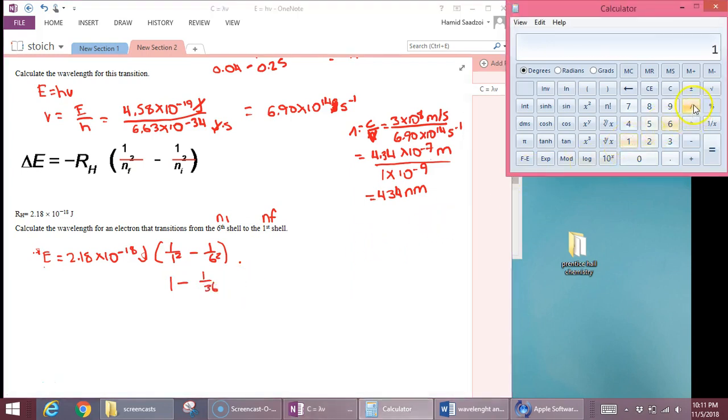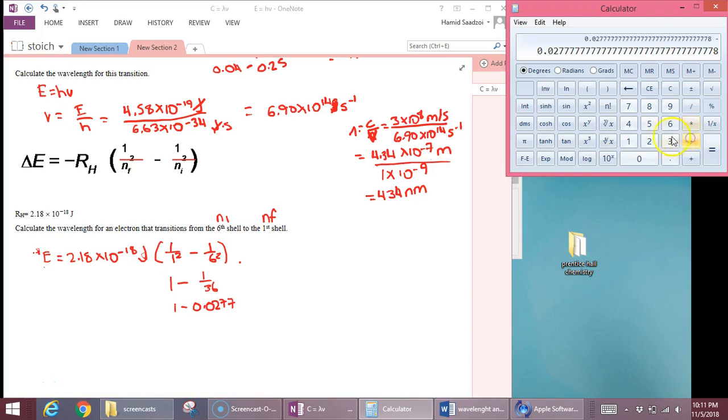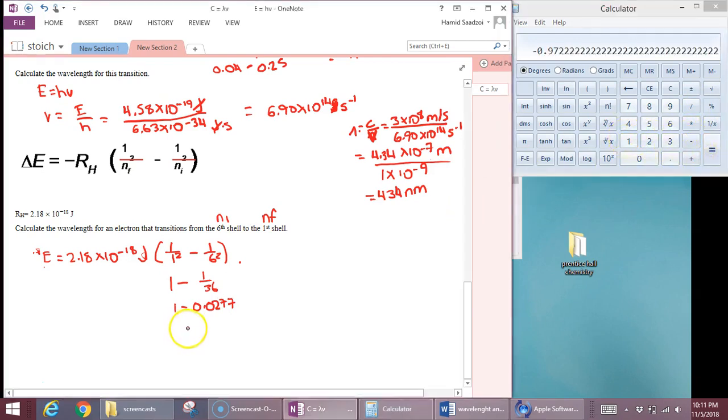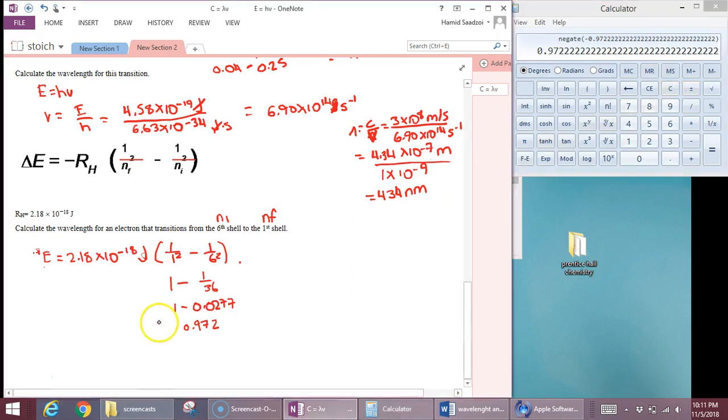So 1 divided by 36 gives us 0.0277. Let's do this minus 1 real quick, and we get 0.972. The reason the number is positive is because when I put it in the calculator, I did the math the opposite way to make it a little bit faster.